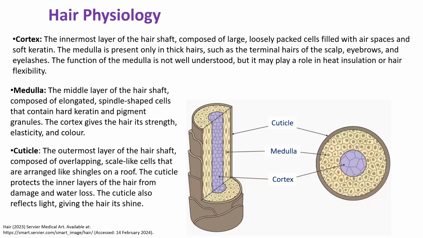Now, the medulla, that's the middle section of the hair, and this is everything that you think about with hair in terms of its properties of having strength, having flexibility, having elasticity, and colour. These are all associated with this region of the hair.